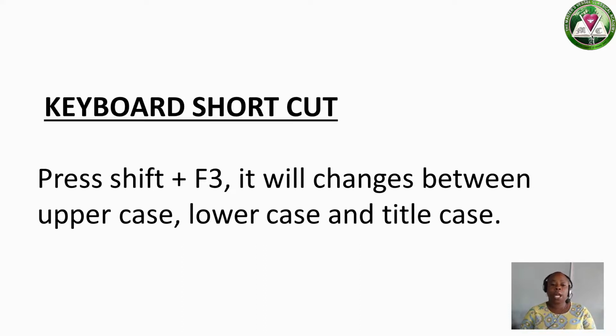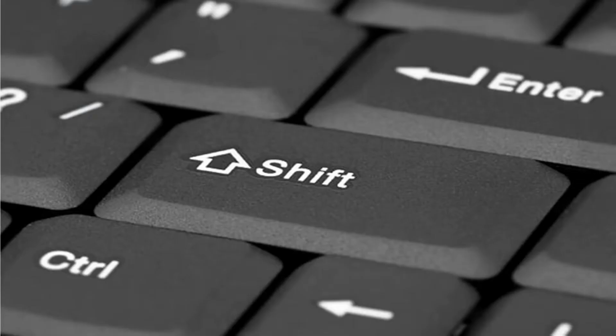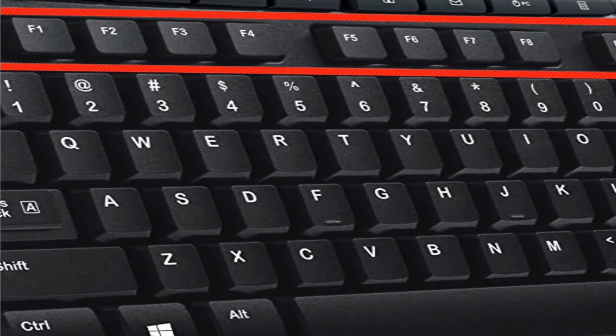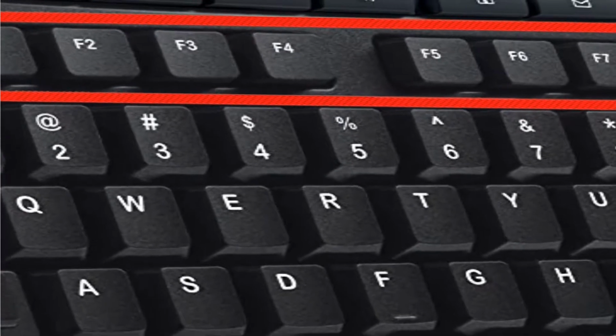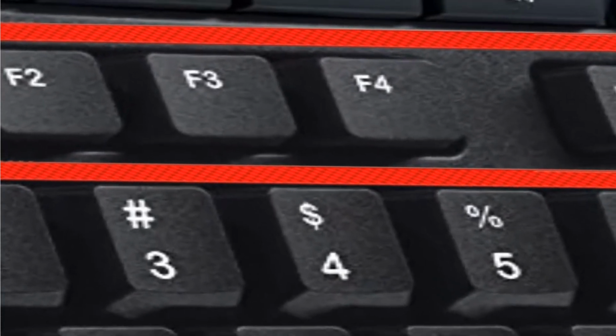Now, there is a keyboard shortcut on how to change casing. Look on the keyboard, you will see the Shift key, S-H-I-F-T. You can find the Shift key on the left hand side or the right hand side. You press and hold it. You look on the top of your keyboard, you see F1 to F12, not 1, 2, 3, 4, 5. F1 to F12 are the first keys on top of the keyboard.